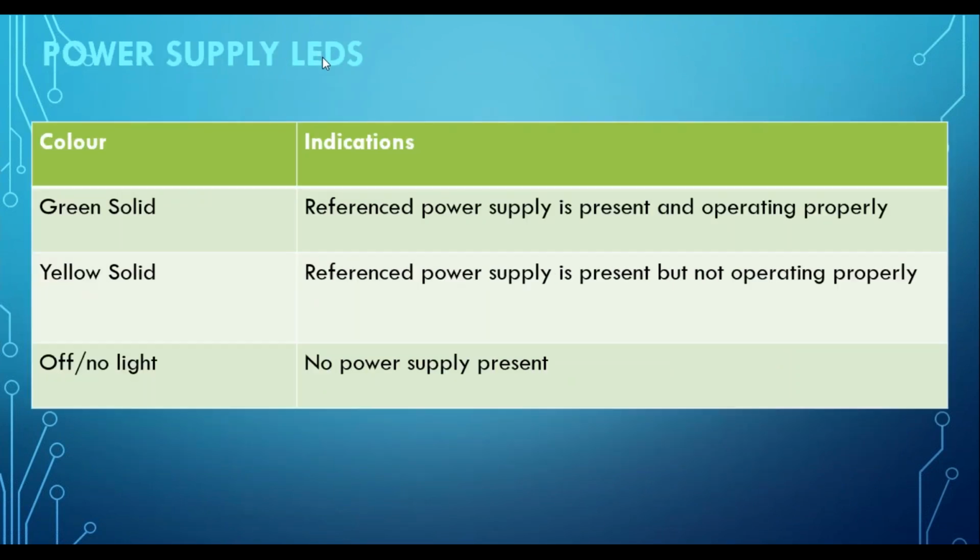Then power supply LEDs. If it is solid green, it means that the power supply is present and operating properly. If it is solid yellow, it means that the power supply is present but not operating properly. And if there is no light, it means there is no power supply present.